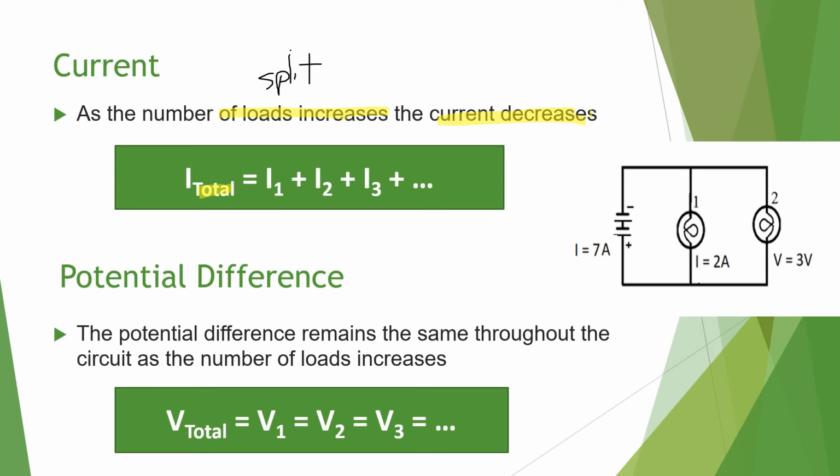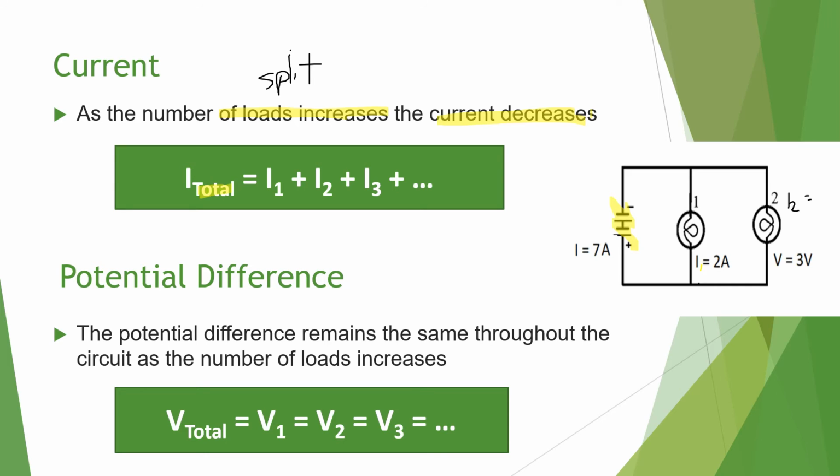So if the current at the energy source is 7 amps and the current at load 1 is 2 amps, then in order to get the current at load 2, we know that the current at load 2 plus the current at load 1 is going to equal the total.